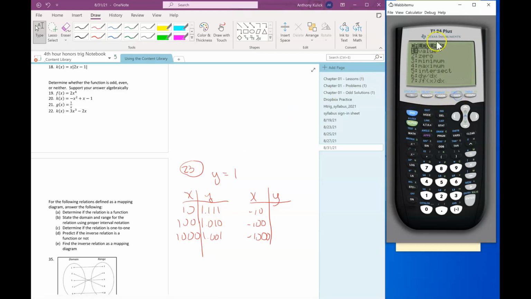I'll check the same thing from the other side. So do negative 10. So that's 0.909. And then negative 100, 0.990. And then like negative 1,000. Oops.